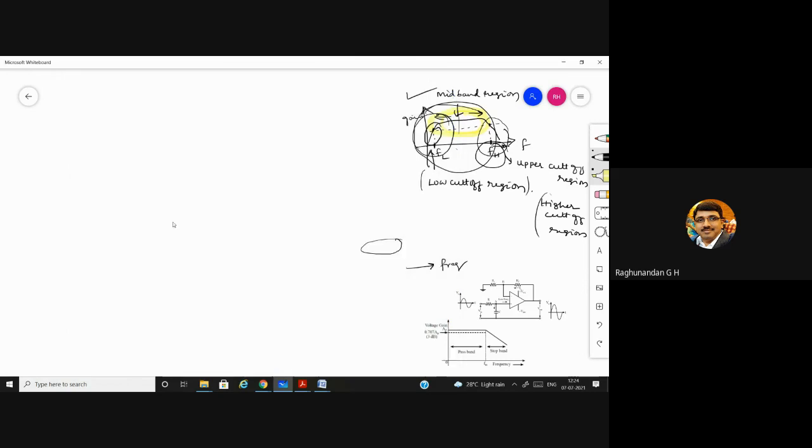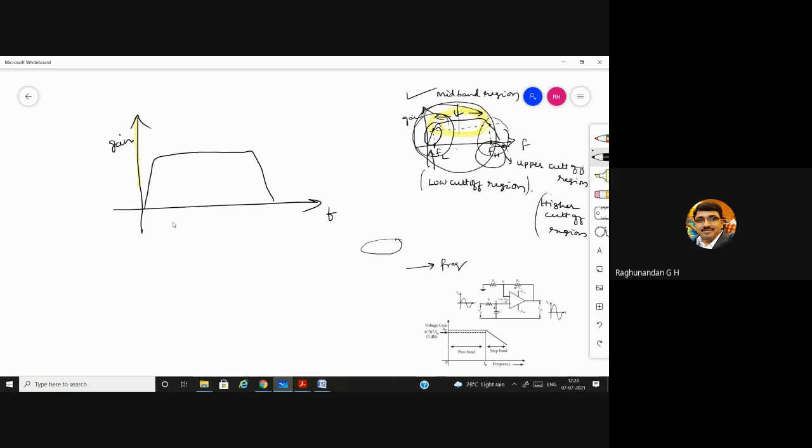See, whenever you are going to take the frequency response, this is the frequency response of an amplifier. Don't get confused that we are adding filters and all. Even without adding filters, if you take just the voltage divider bias amplifier and vary the frequency of the input and find out the gain, and plot it on a similar graph sheet, you will get a frequency response like this.